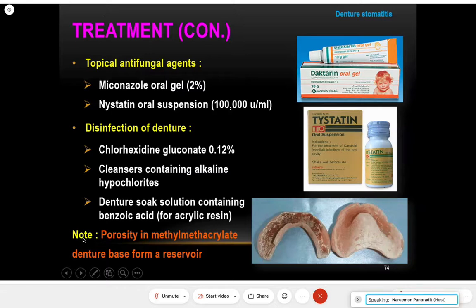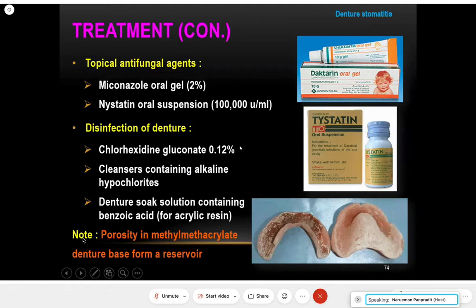But if you don't have miconazole, you can prescribe nystatin as a suspension as well. The way of treatment is similar to candidiasis. That means you need to use it at least 3 to 4 times a day with at least a 2-week follow-up. If it's a complete clinical cure, you need to prescribe another 2 weeks for biological cure.